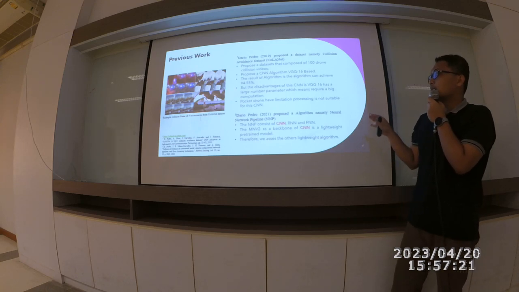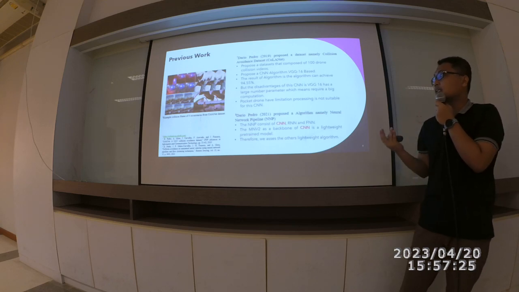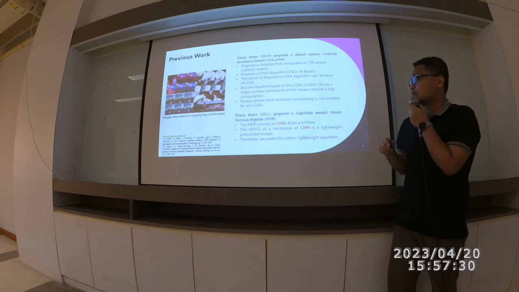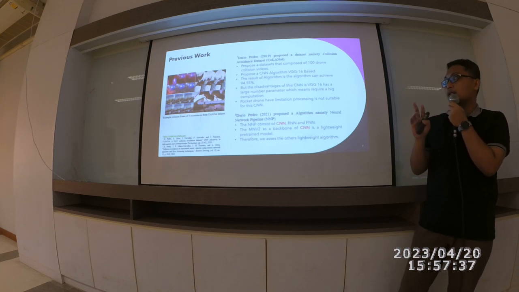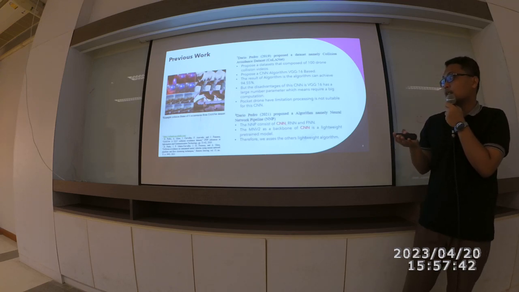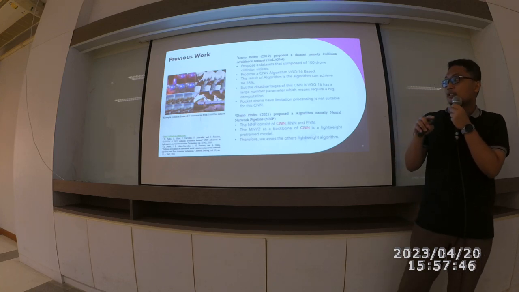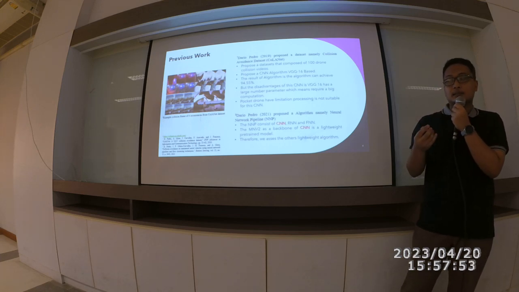Meanwhile, pocket drones have limited processing, so this architecture is not suitable for this drone. In the next research, Pedro proposed an algorithm, namely a neural network pipeline, which combines CNN, LNN, and FNN. For the CNN, they use MobileNet version 2 as a backbone. It's a lightweight pretrained model.